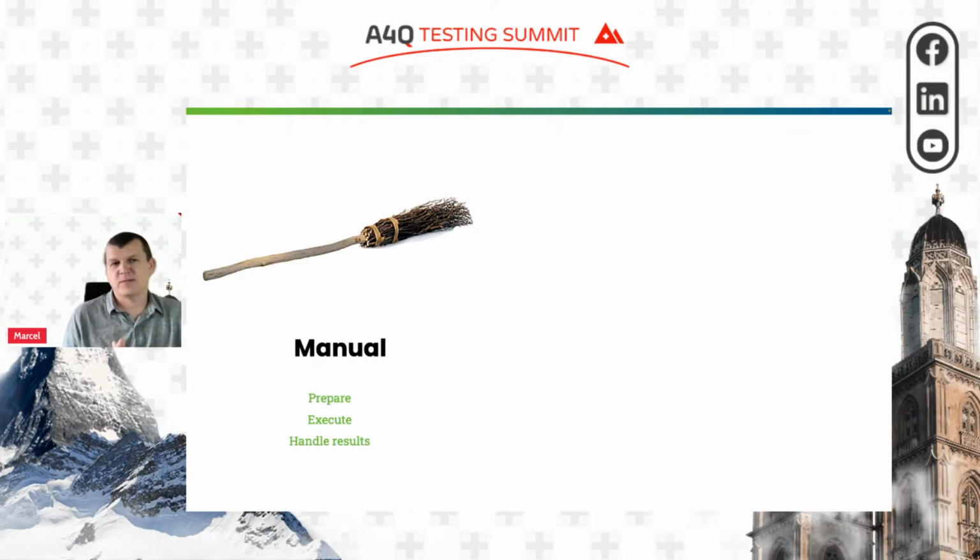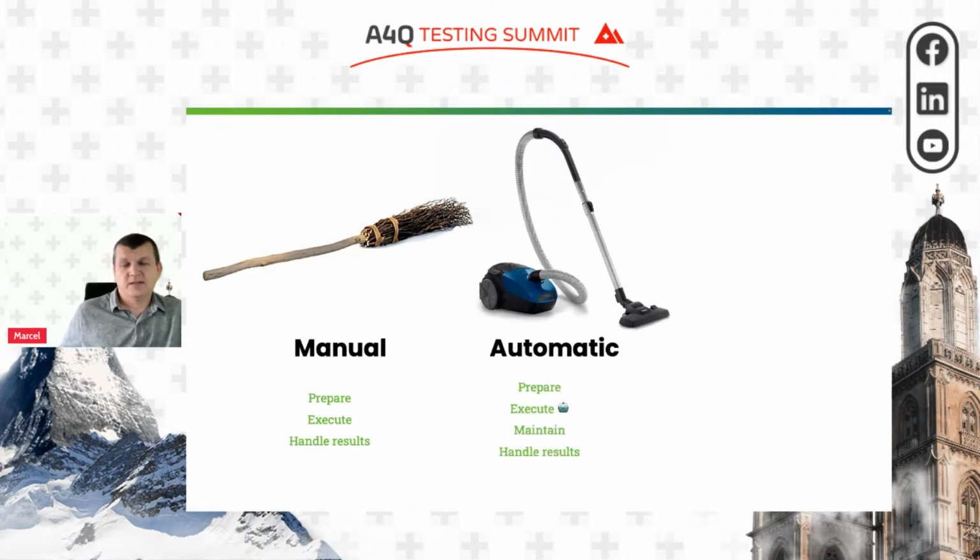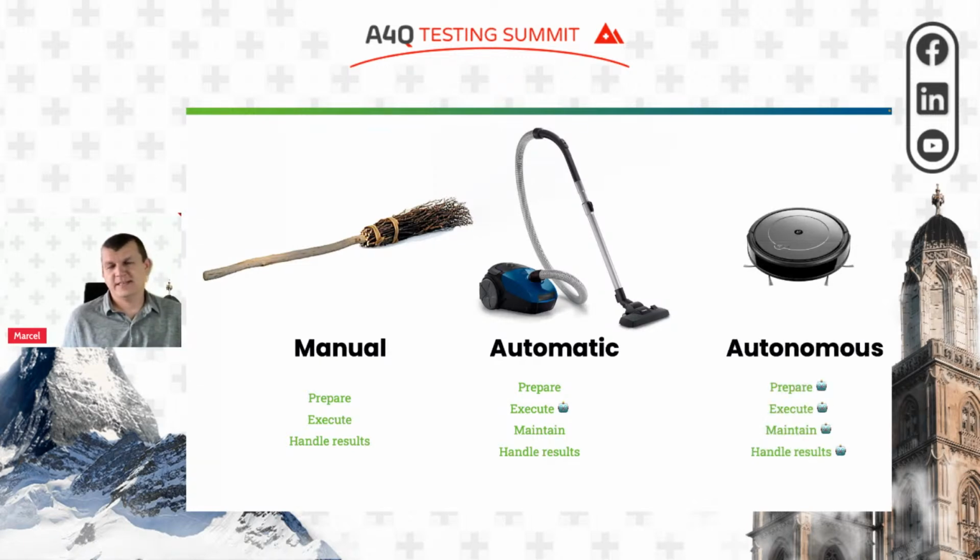When we are talking about manual testing, we need to do everything manually. When we introduce some automation, that might help somewhat, but we still need to do a lot of things manually. And autonomous testing means that we are trying to reduce all the human effort, not only in test execution.